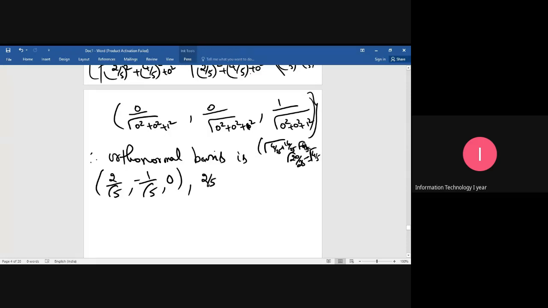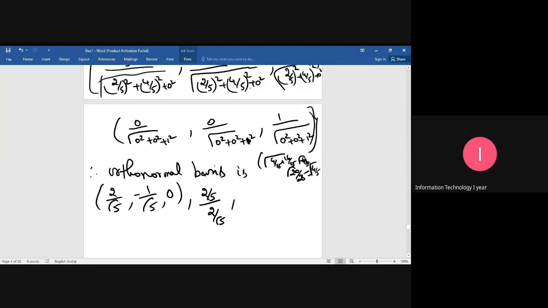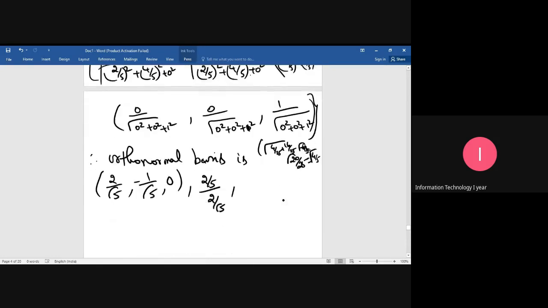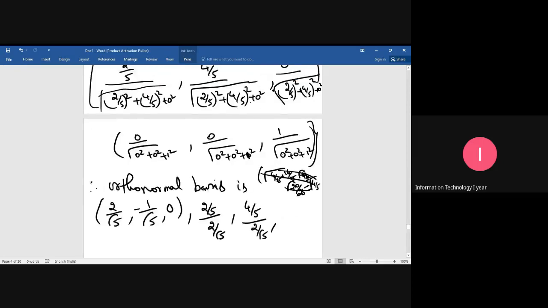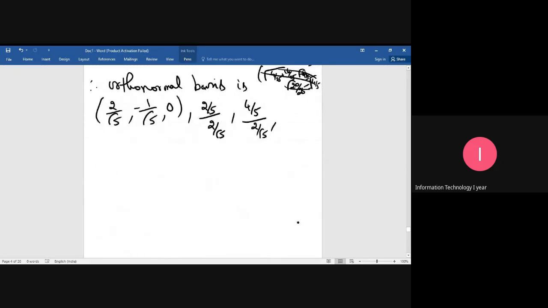So 2 by 5 divided by 2 by root 5, comma. 4 by 5 divided by, the second one is a little different, 4 by 5 divided by 2 divided by square root of 5. Then the third element is 0. The fourth one is 0, comma 0, comma 1.